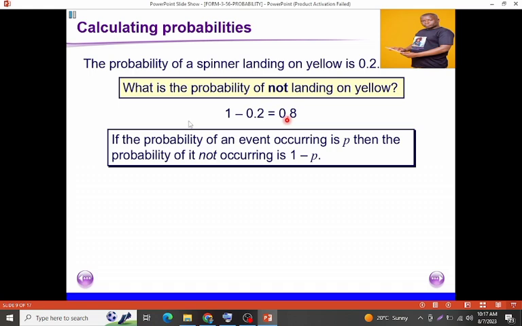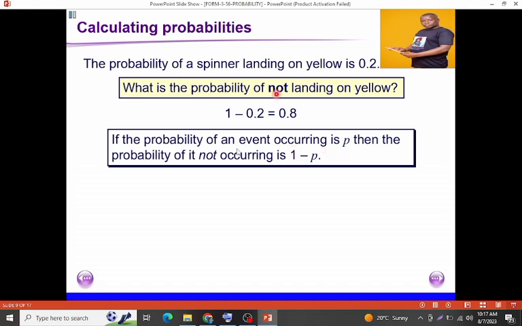So if the probability of an event occurring is P, then the probability of it not occurring is 1 minus P. For example, suppose you are looking at an event of flipping a coin. Suppose a coin shows heads.